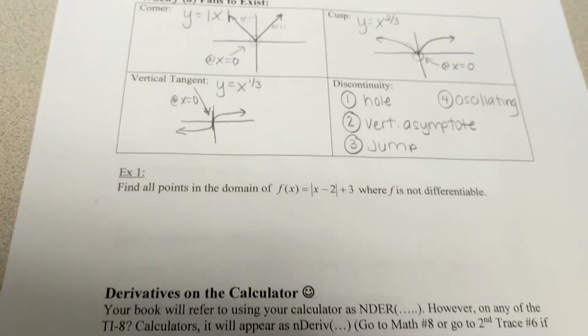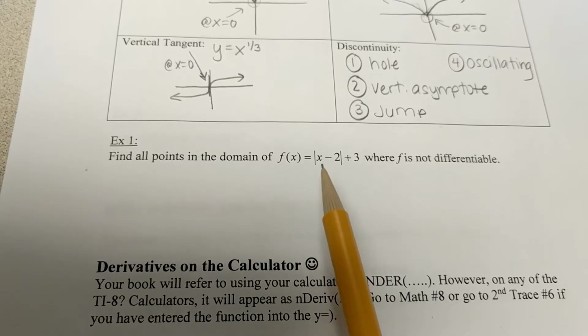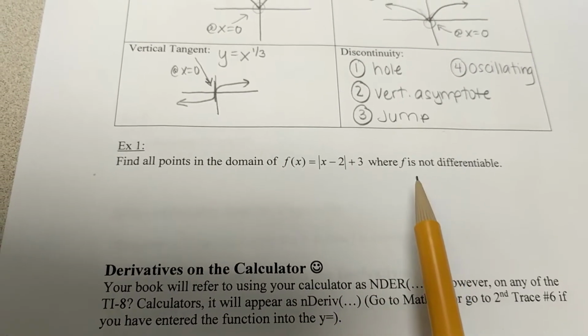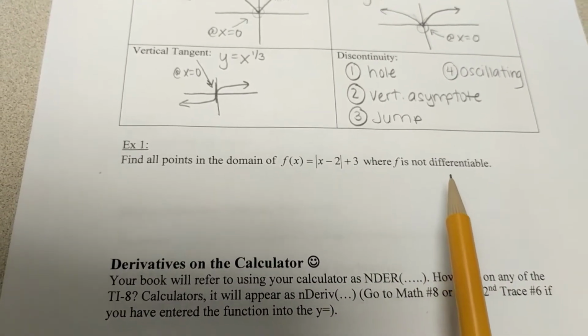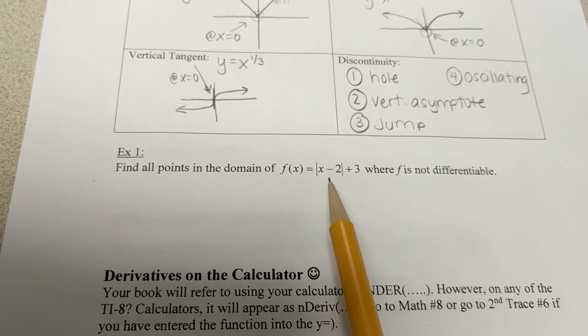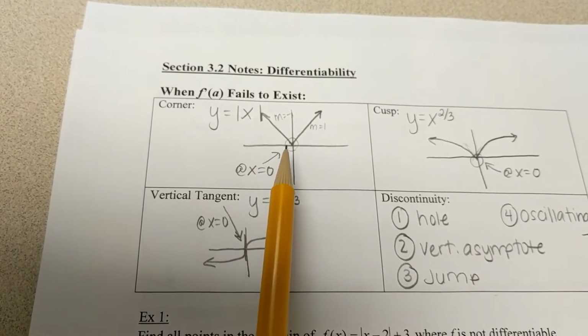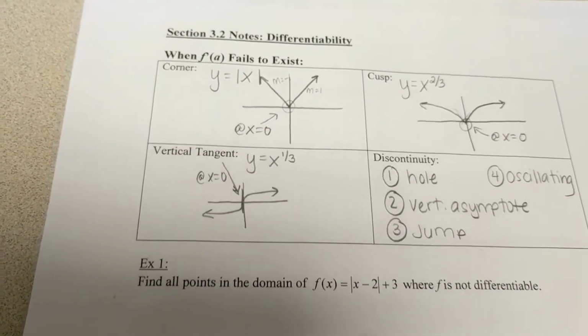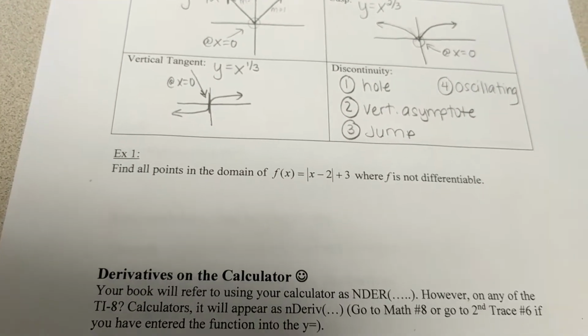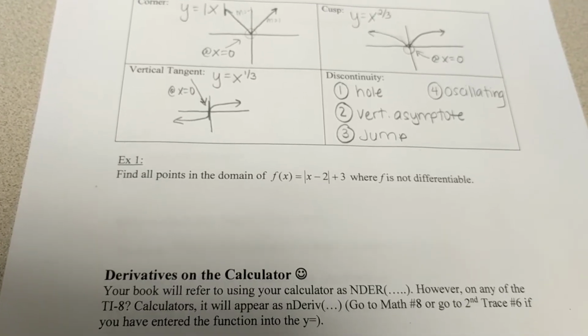So when we look at example 1, we've got this absolute value function, and they want to determine where f is not differentiable. Because this is an absolute value function, I can already make a guess that a corner is going to show up somewhere in this particular function. So I don't want us to plot points or use our calculator to figure this out.